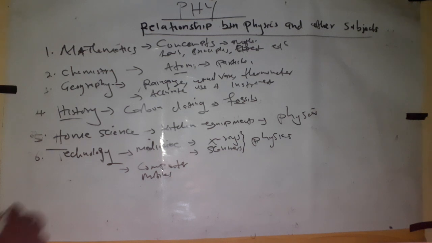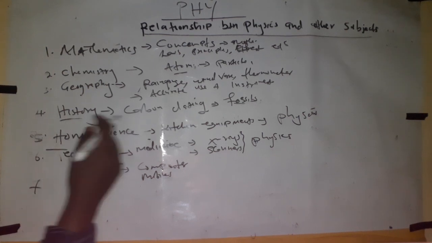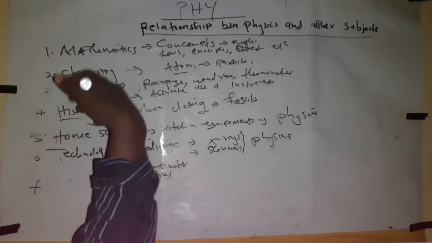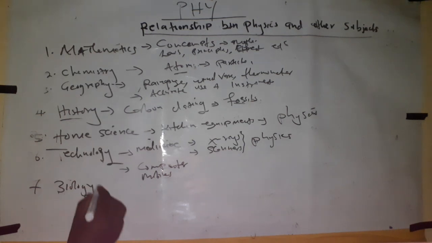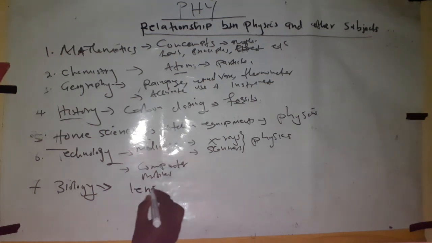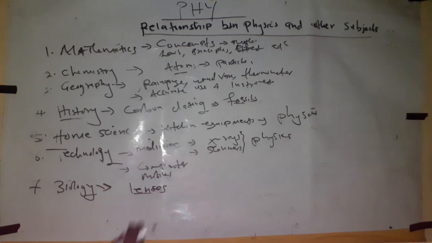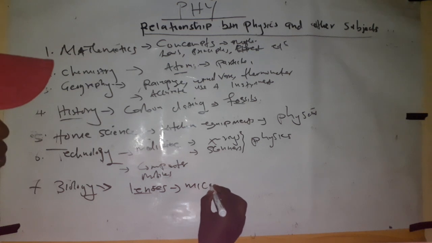Then I want us to go to the seventh subject, which is the third discipline of science, biology. How is physics related to biology? In physics, we learn about lenses. These lenses are normally used to make microscopes.